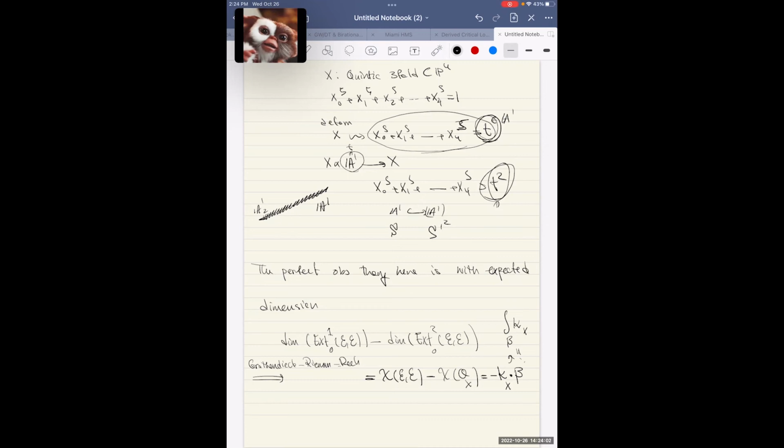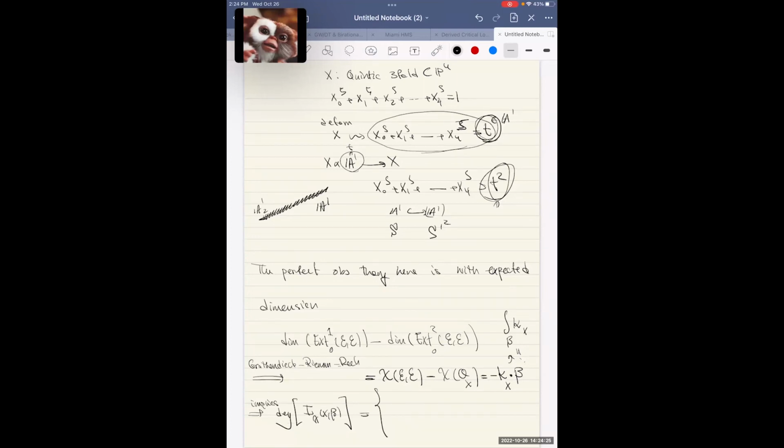All right. So what does this mean? It means that if I could construct a virtual cycle associated to this moduli space, this implies by all the discussions that we had that the virtual cycle of this moduli space has a degree.